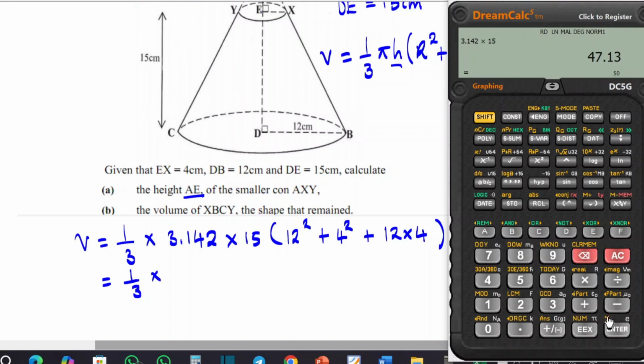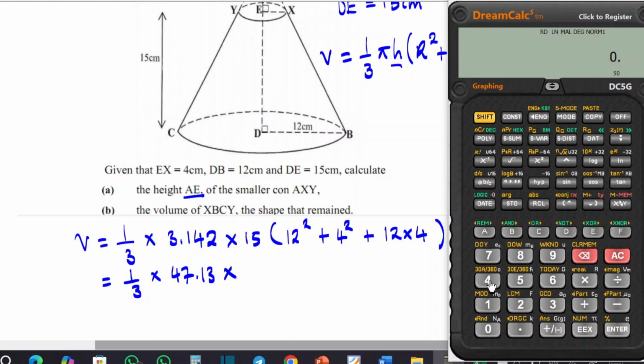We are getting 47.13. Then this times what is in the brackets. 12 squared is 144.